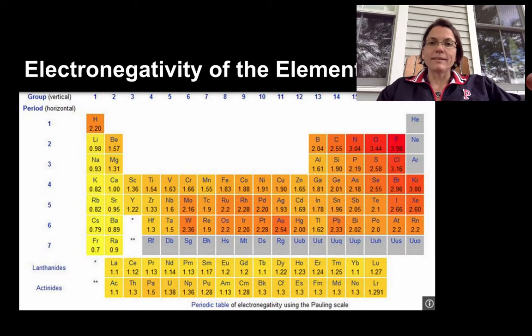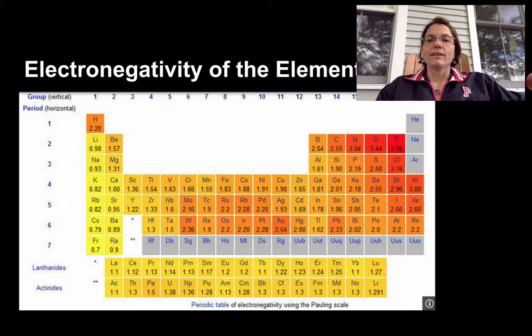Now, this is called the electronegativity chart. Electronegativity is essentially a scale that ranks how hard each atom can pull electrons towards itself. And it's also color-coded, which is why I like this particular picture. The ones in red, like fluorine, have a high electronegativity, which means that fluorine has a very strong attraction to electrons in a chemical bond.